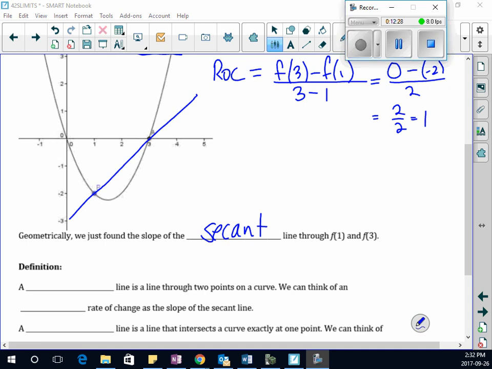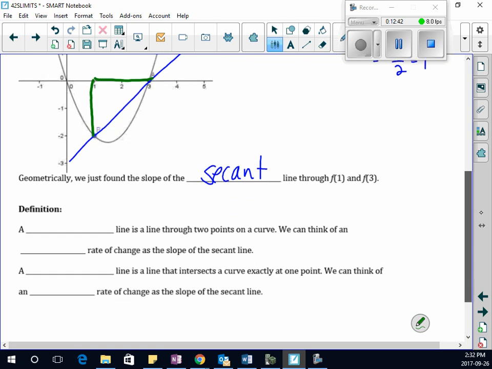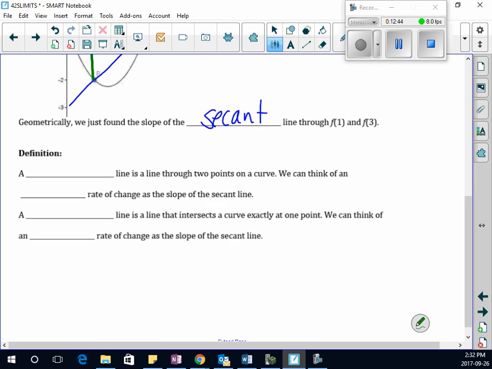Does everybody see that? Look at the slope, up 2 over 2. What's that slope? 1. That's what we just calculated, essentially. Eventually we're not going to graph these things. You have to be able to do this algebraically, right?